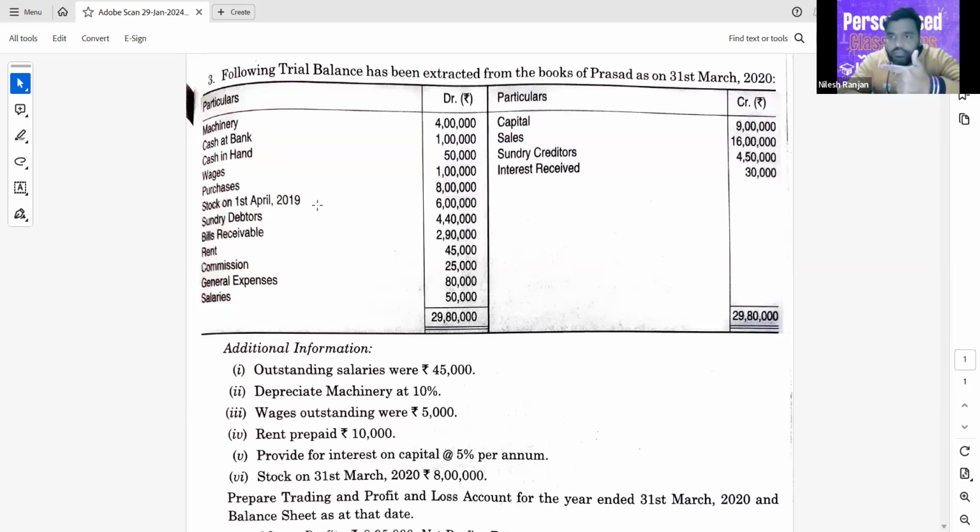This is our first step. After that, we will go to the trial balance and follow the serial number and write every item in it. So first we will clear the adjustments.